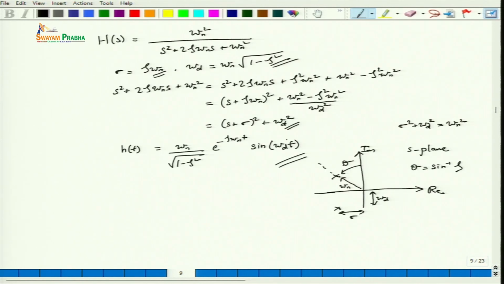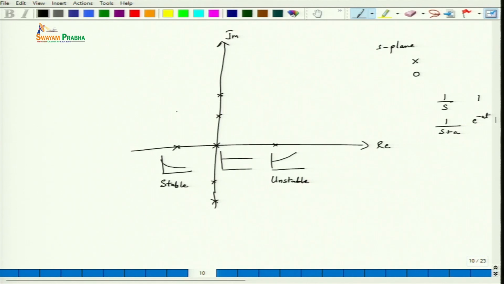As we have seen, if they are on the imaginary axis, this sigma is 0, so the exponential part is 0. What we are left with is a sine wave of constant amplitude, and the frequency will vary depending on where we are on the imaginary axis.